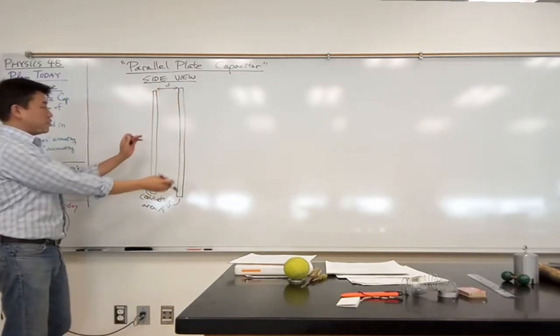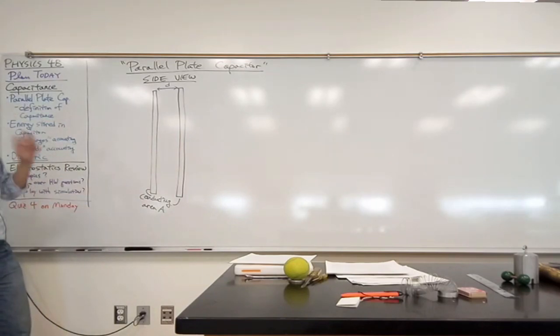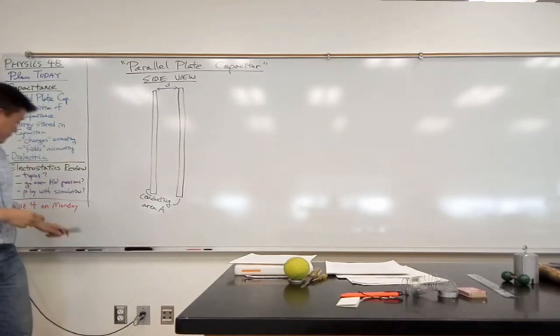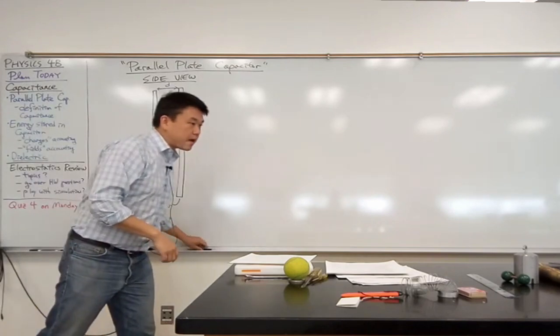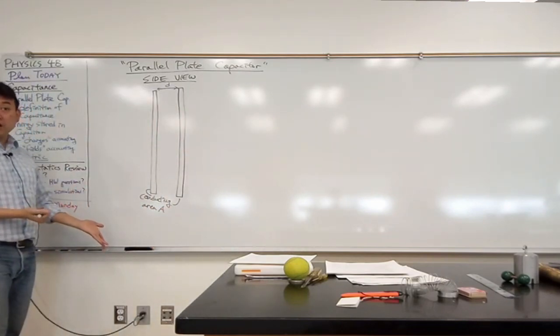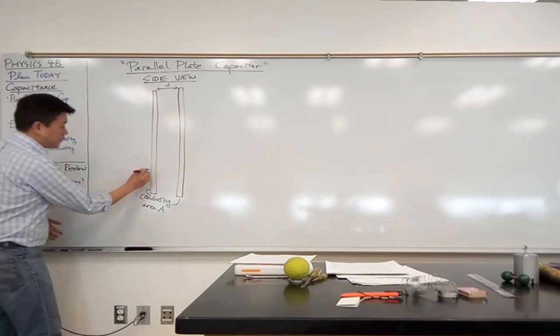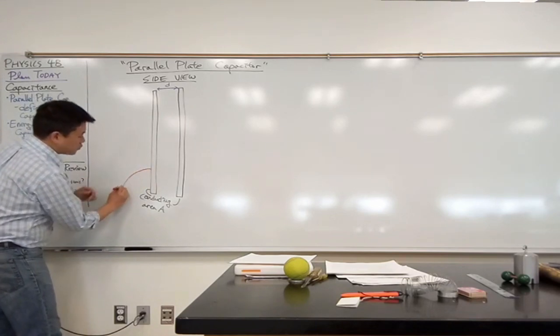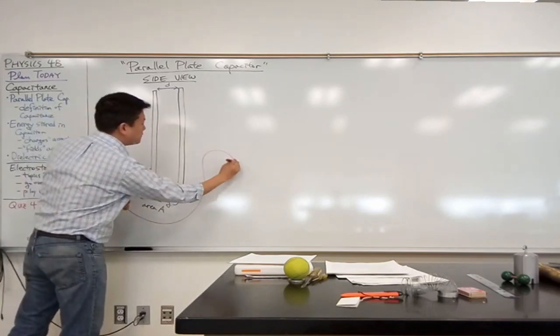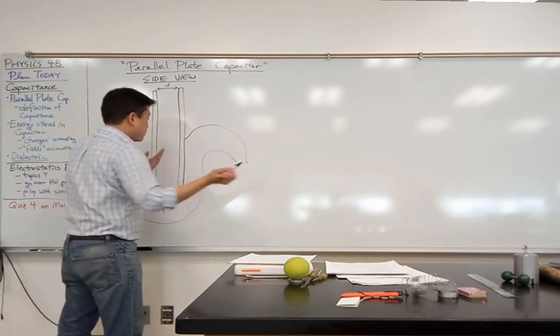And I make sure that they don't touch each other, because if they touch, it'll be problematic for what I'm going to do now. What I'm going to do is connect both of them to a battery, to a voltage source that's going to provide some amount of voltage difference. So this end is connected through a conducting wire. This end is also connected through a conducting wire to a battery.